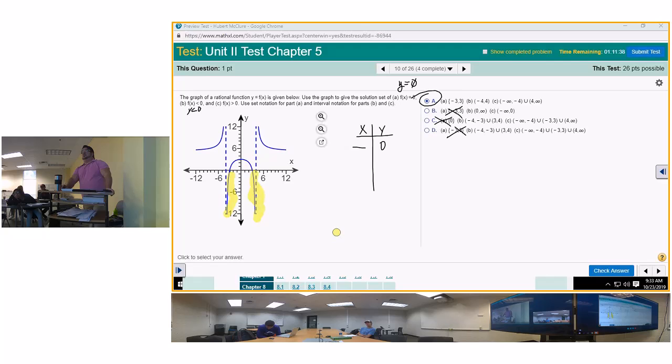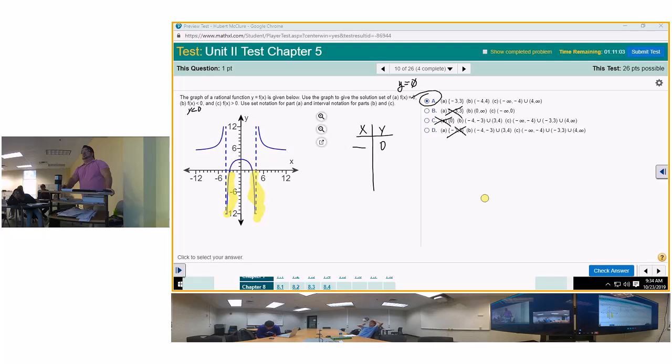Or am I missing something? You can't say -3 because -3 to +3 is above 0. So which one says -4 to +4? Unless I'm counting something wrong. That's a +4 and that's a -4, is it not?